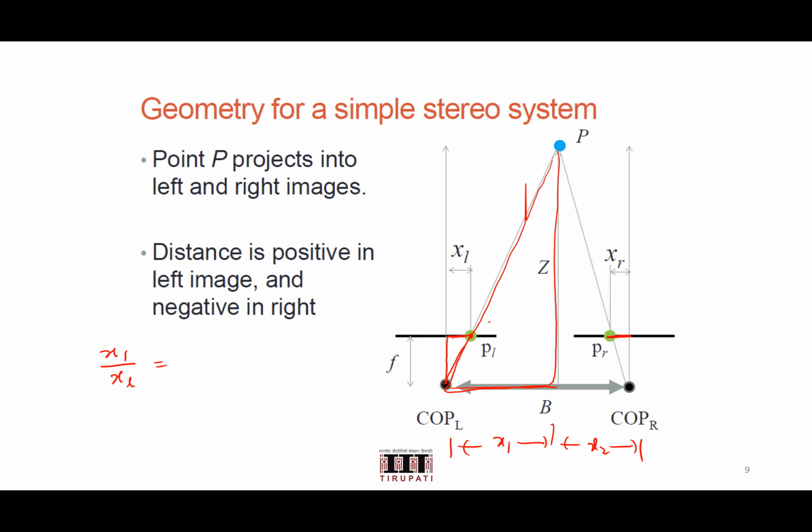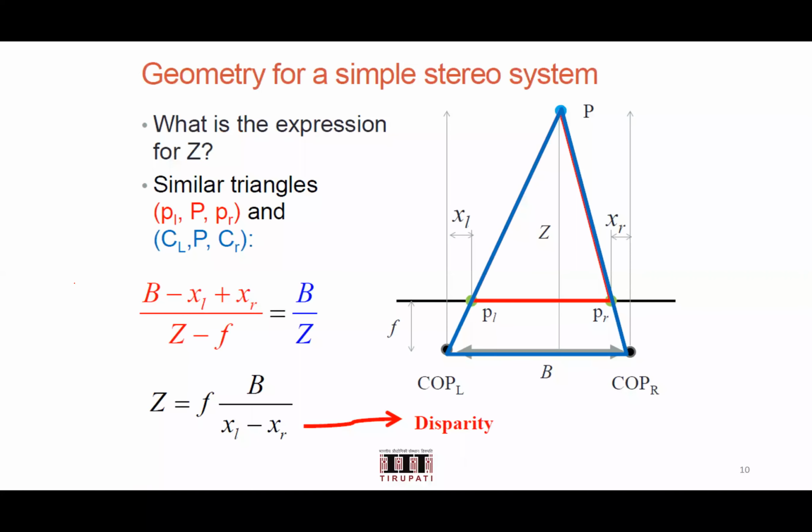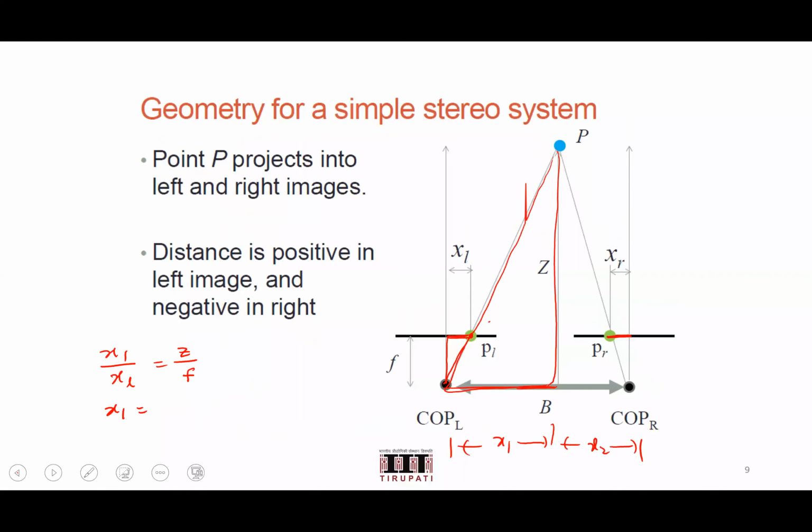Since I have written for the bigger triangle first, this would be equal to Z by F. So I get x1 equal to xl into Z by F.